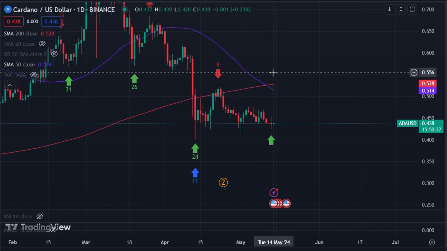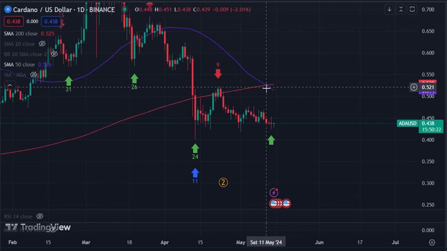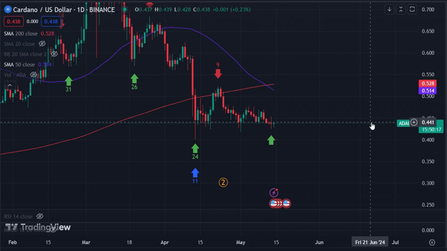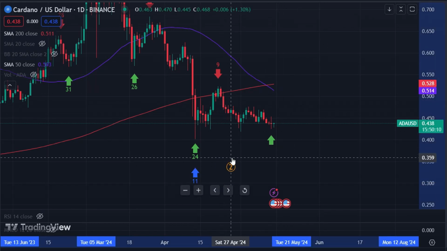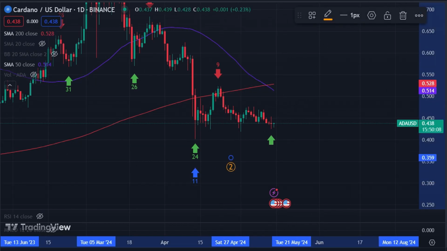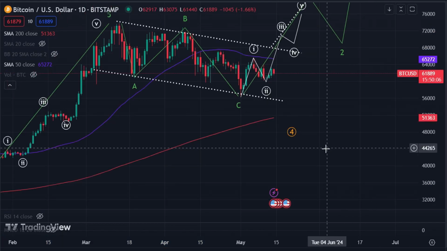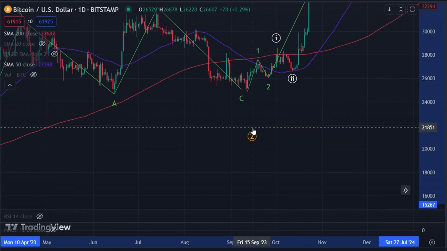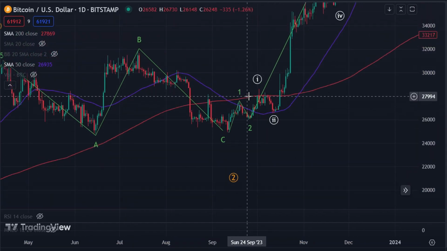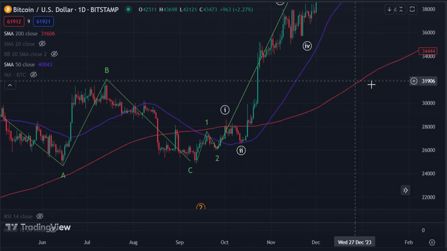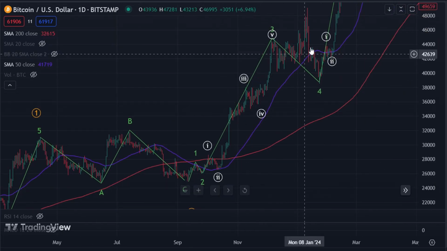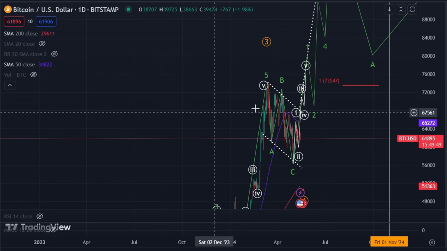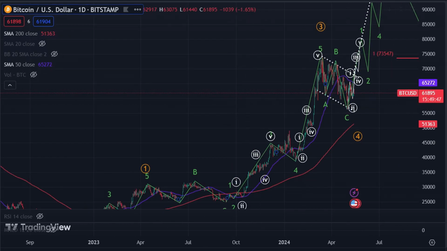Now, I wouldn't be too crazy about this crossing, because if we look at Bitcoin during its wave 2, it did the same thing. So let me show you. Here you have Bitcoin in its wave 2, and you had the 50 cross the 200 right before we exploded up in this wave 3, which took us to new all-time highs.